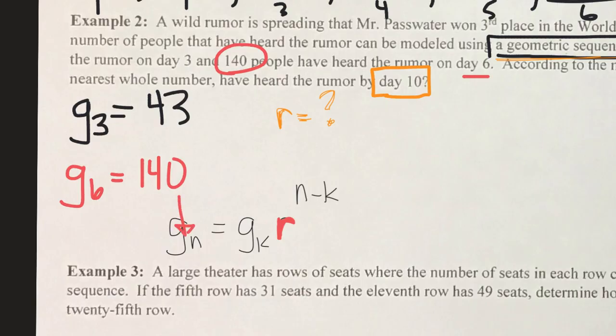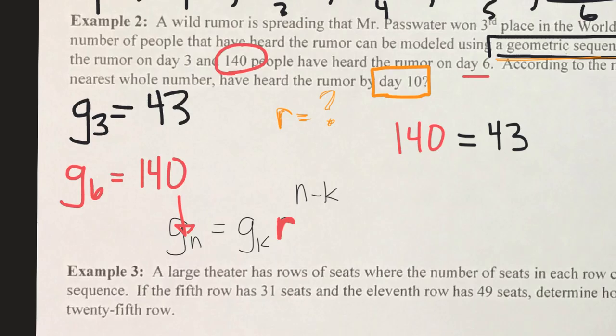We're going to put G sub 6 right there. So that's 140. You always put your furthest down the line, your 6th day in this case, because it's further along on your rumor mill, right? A longer date. That one goes first. Equals, we're going to put 43 here.